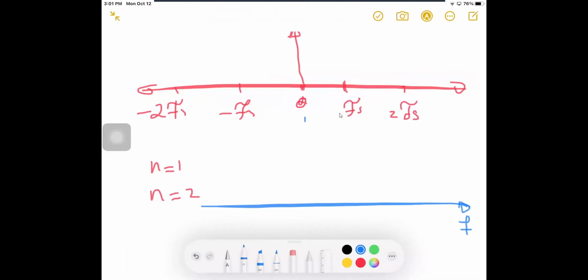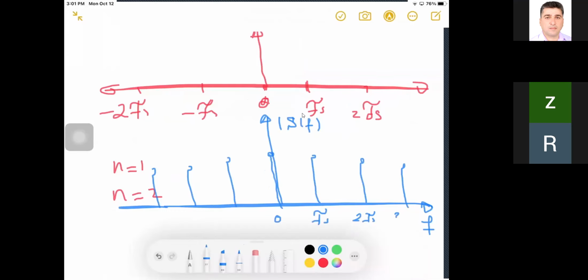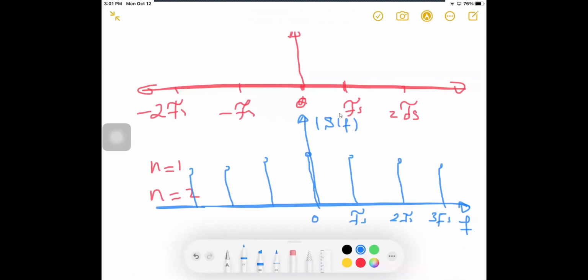This will be F, and this will be the magnitude of S of F, and this will be F, 0, Fs, 2 Fs, 3 Fs, minus Fs, minus 2 Fs, and minus 3 Fs.